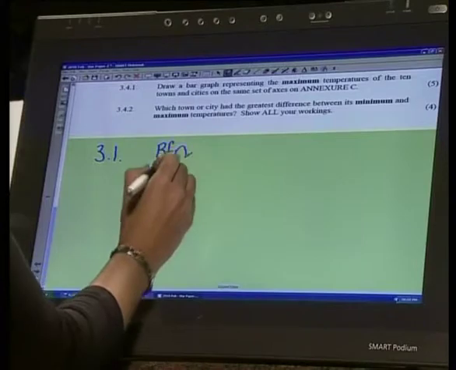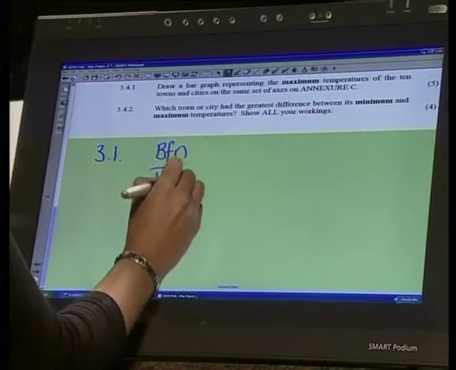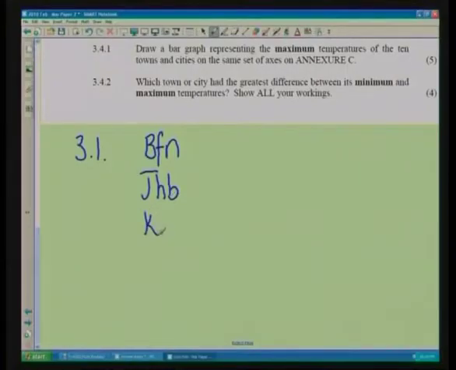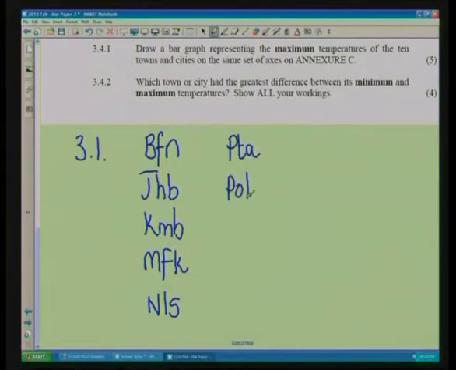So we had Bloemfontein, we had Johannesburg, we had Kimberley, we had Mafeking, we had Nelspruit, we also had Pretoria, and we had Polokwane. Okay, nice straightforward question to get you going, to get your confidence up.